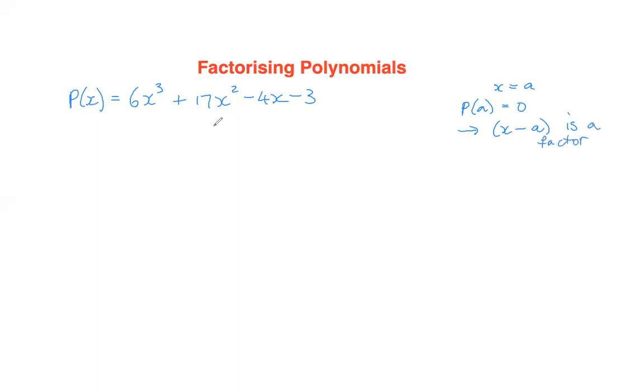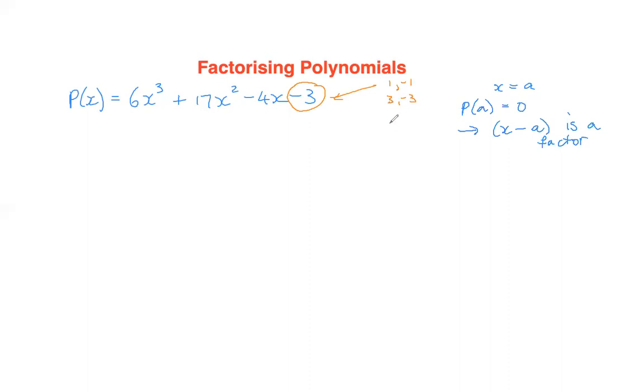So what we're going to do is use a little bit of trial and error to start with to find our first factor. Now, we can be a little bit cluey about it. You only really want to look at numbers that are a factor of this number here. So the factors of -3 are 1 and -1, 3 and -3.